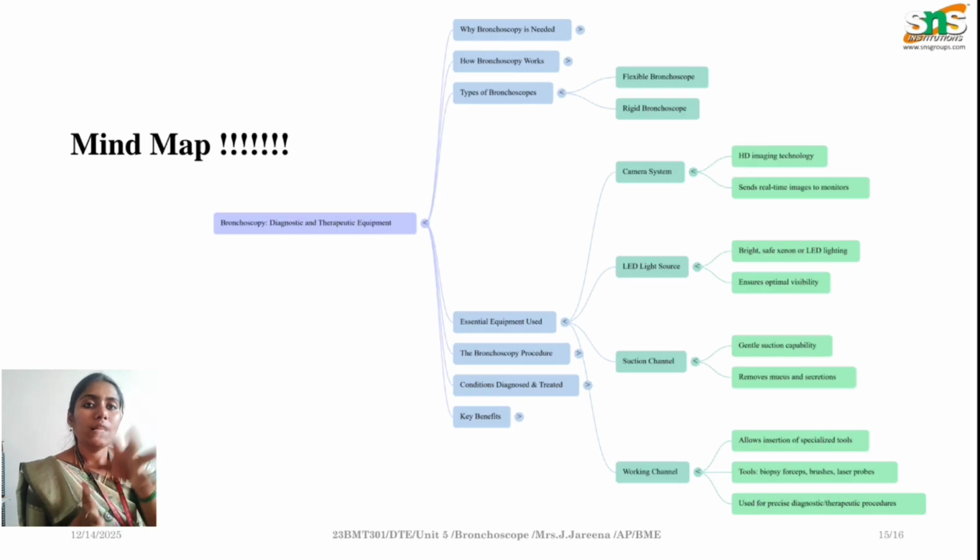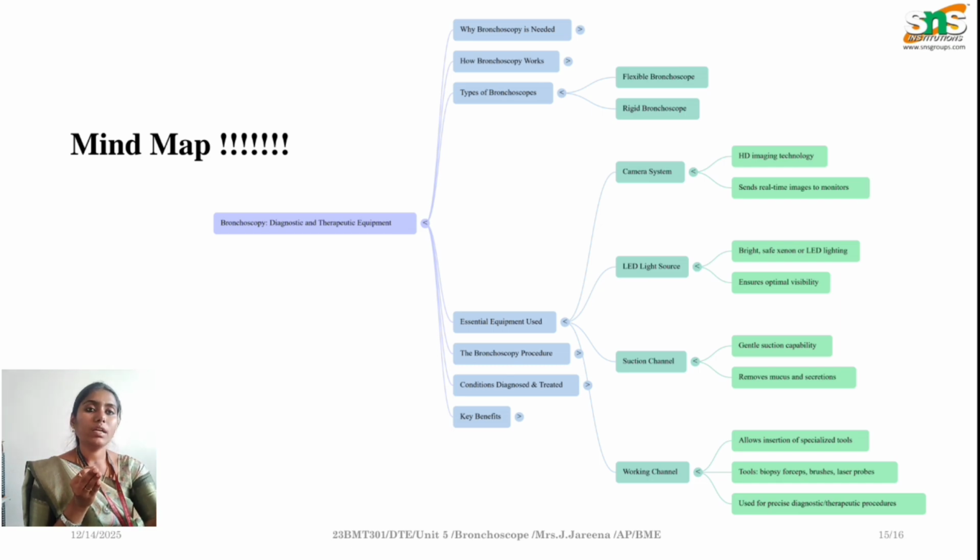Last, we have a mind map, which is a summary of today's topic, the bronchoscope. As a summary, in today's class we discussed from the beginning what is meant by laparoscope and bronchoscope. Before that, we discussed the empathy perspective, and then slowly identified the problem. Then we defined the common worries.